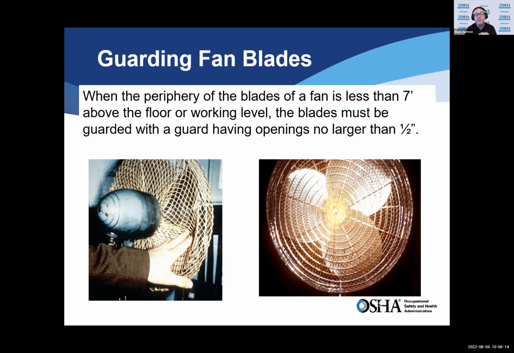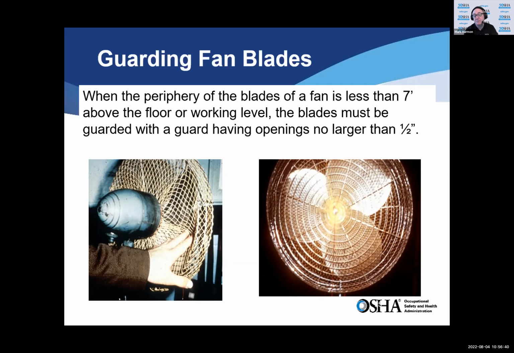The picture on the left actually shows what looks like a cloth netting. You see how he's pushing on it, and it's just going right into the blade. So I would say that's a bad example of guarding, because it's not made of such material as to perform the way you want the guard to perform.